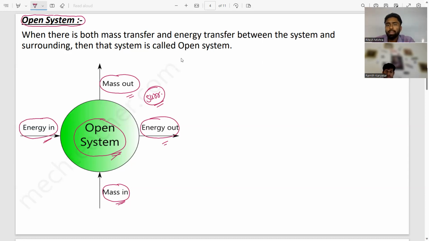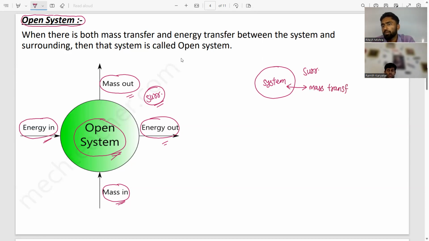So here let us assume this is your system, and this will be your surrounding. When there is mass transfer between the system and surrounding, that means mass transfer is not zero.